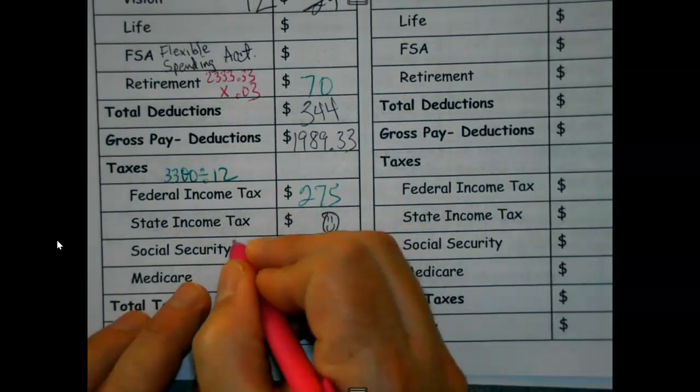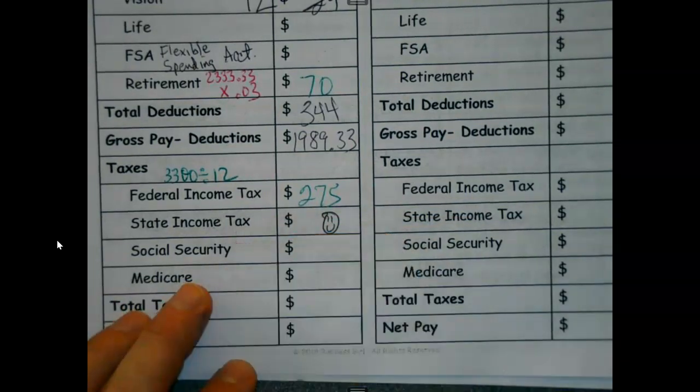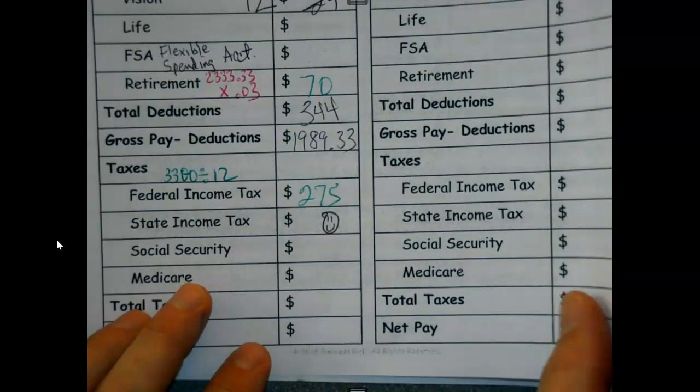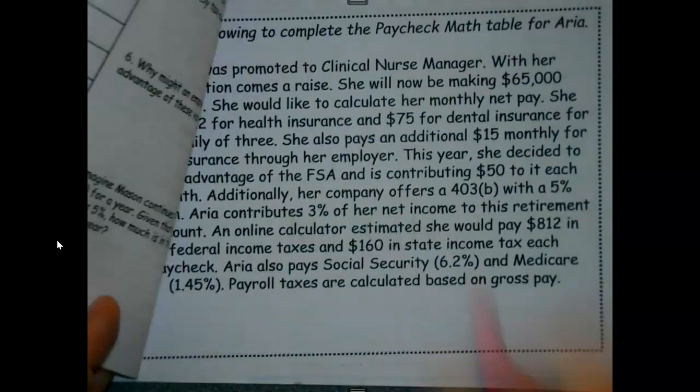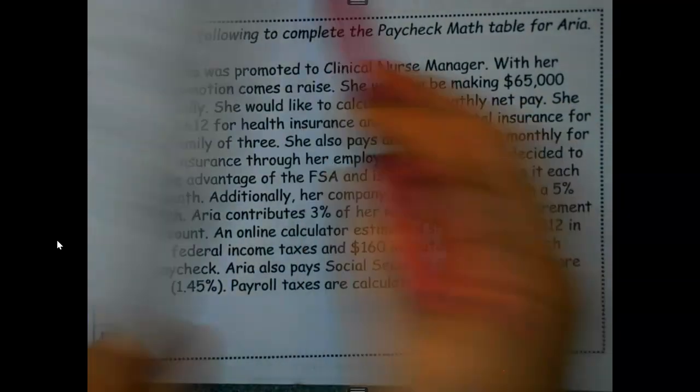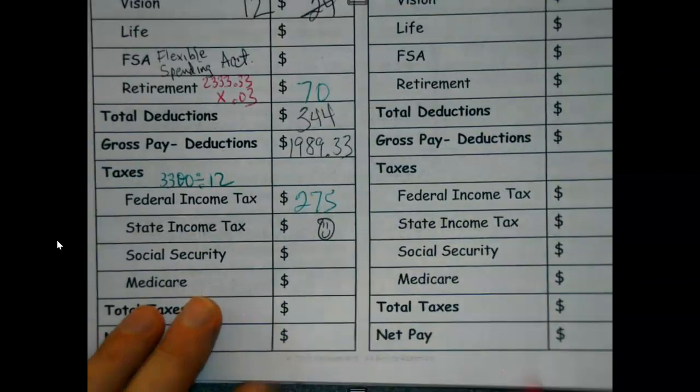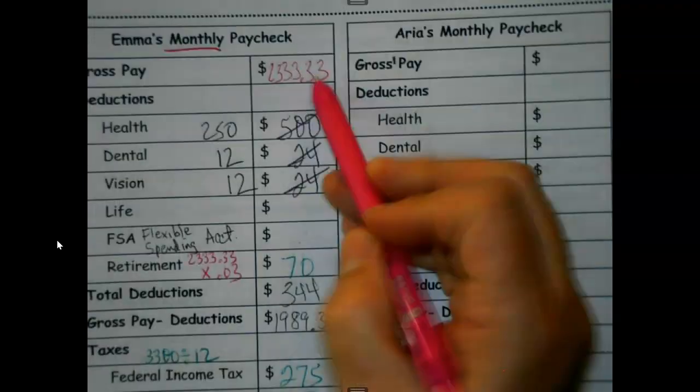Social Security. Okay. What you're going to do here, and there's a couple of ways, again, you can go after it. Everybody's going to be a little bit different. So that 6.2 would be based on the 2333 number.